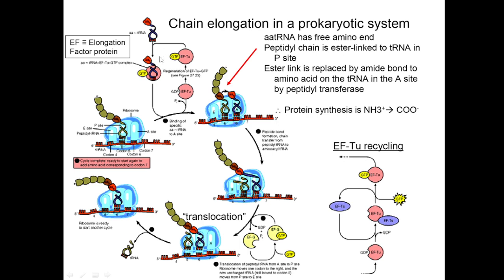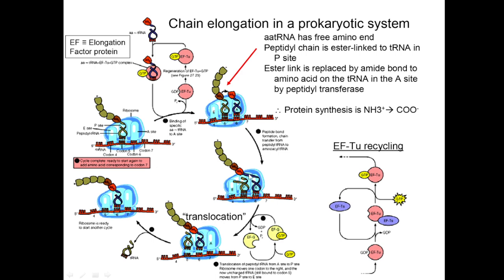When this active complex of elongation factor interacts with the next codon, the anticodon loop recognizes the next codon.